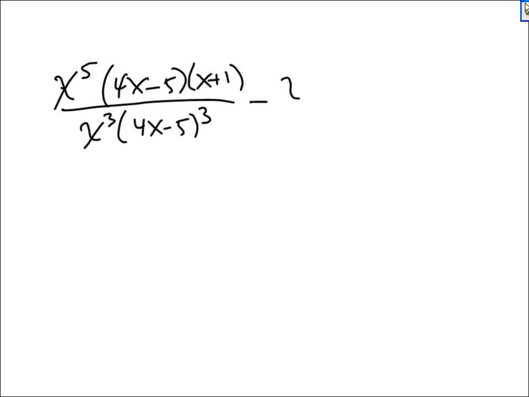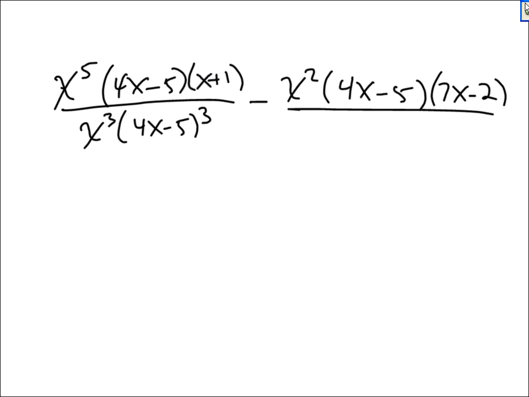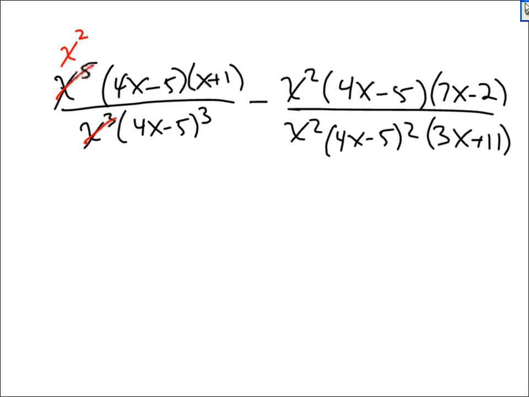And you want to take away x squared times 4x minus 5 times 7x minus 2 over some other stuff: x squared, 4x minus 5 squared times 3x plus 11. The instructions is to find the LCD. Well, first you should say x cubed goes into x to the 5th, x squared times. And you kill off 1 4x minus 5 on top and 1 in the bottom.